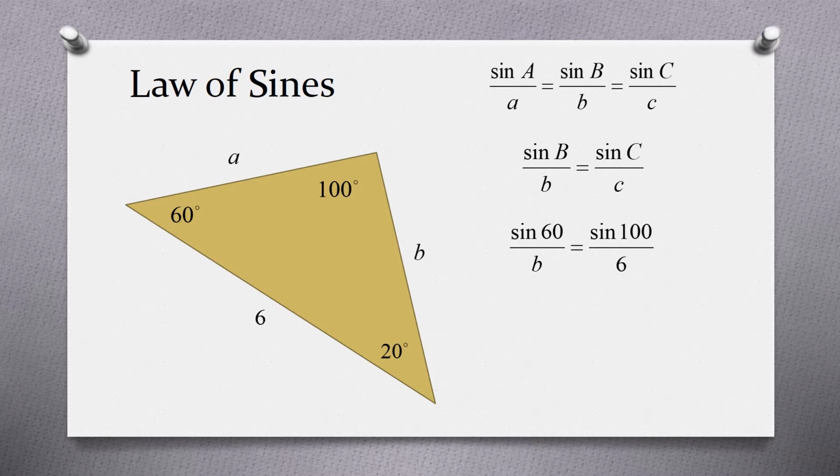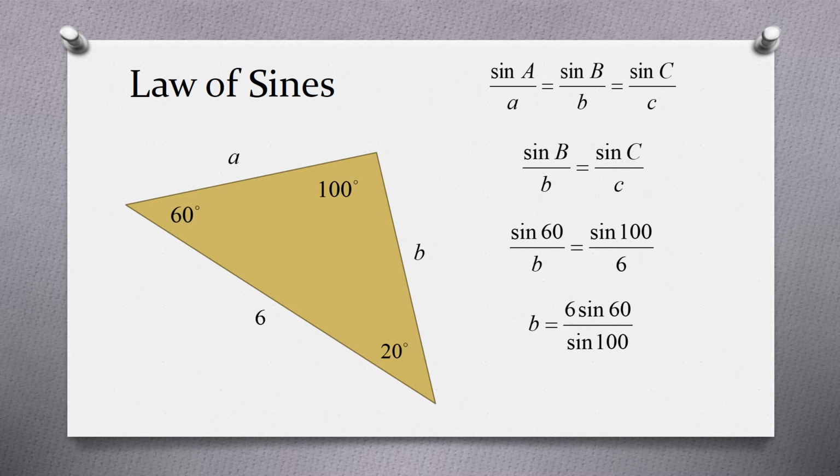So the sine of 60 degrees divided by the variable B is equal to the sine of 100 degrees divided by 6, because those are the measures that represent the sides and angles of B and C. I'll cross multiply and divide, and you should be able to reorganize your equation to say that the measure of side B is equal to 6 times the sine of 60 divided by the sine of 100 degrees.